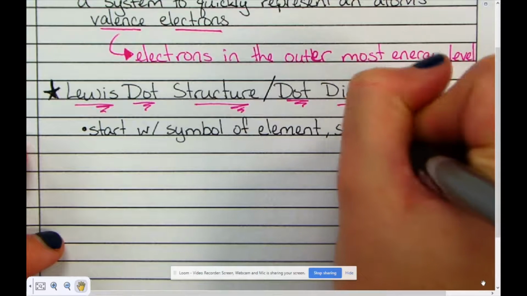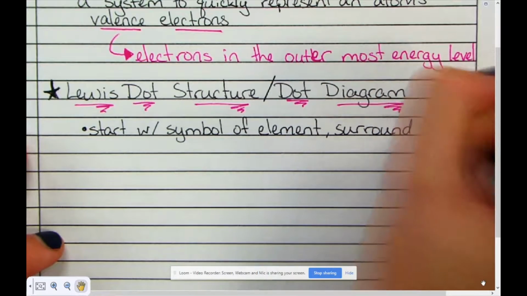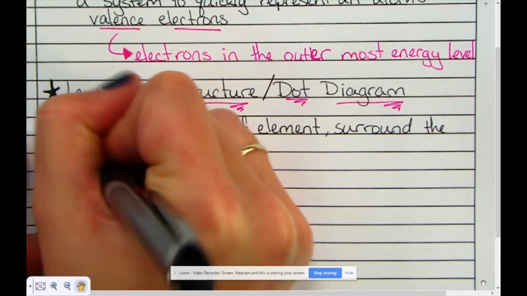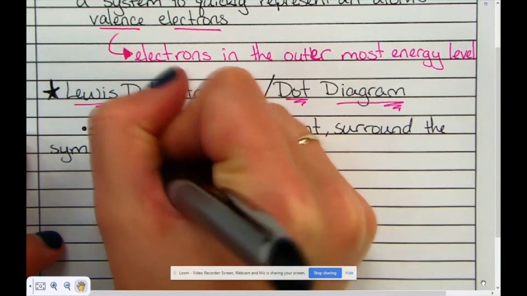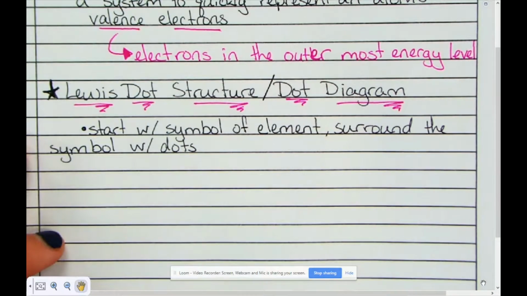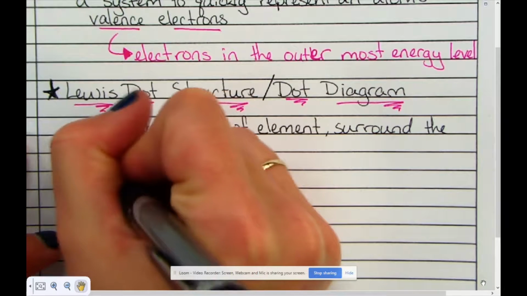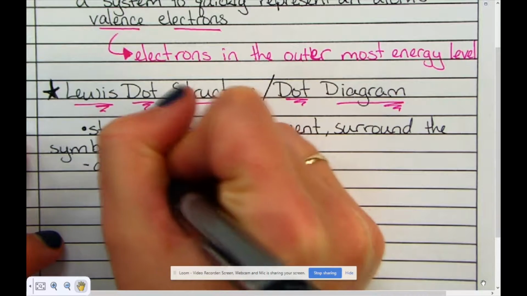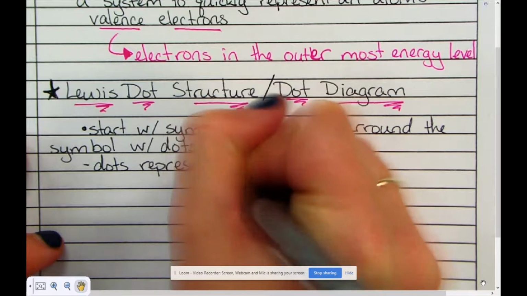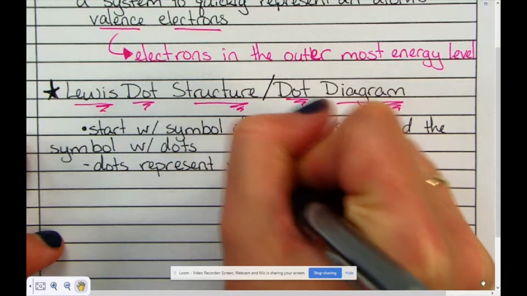And then you surround the symbol with dots. What do you guys think that those dots represent? Electrons. Good. So the dots represent what type of electrons? Valence electrons. Very good.